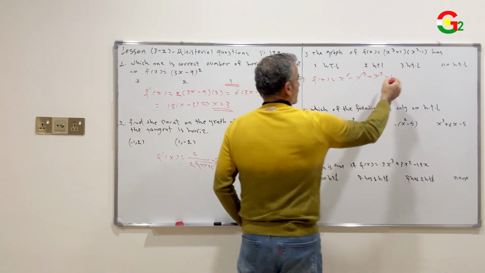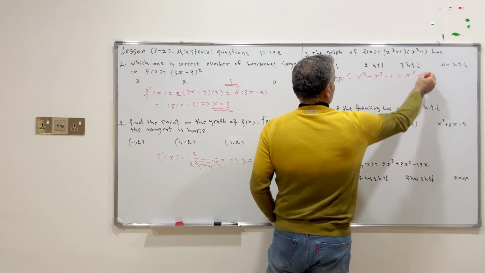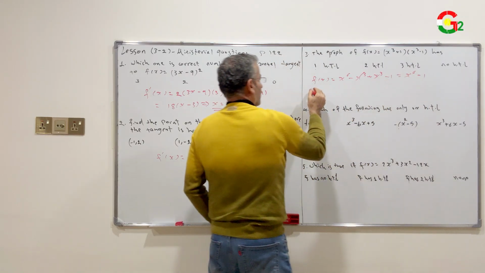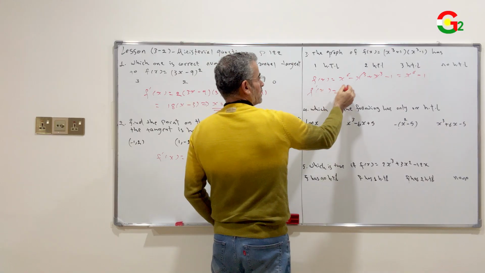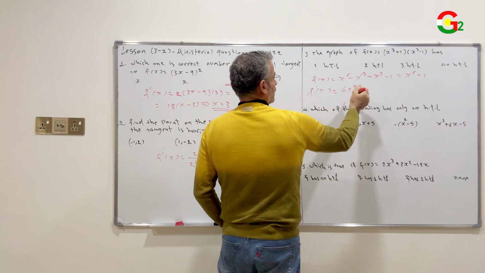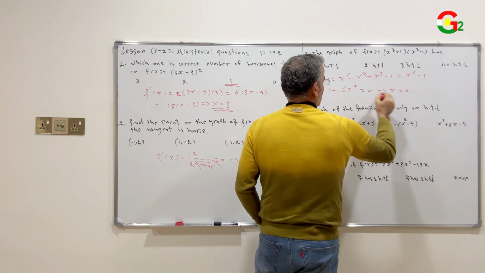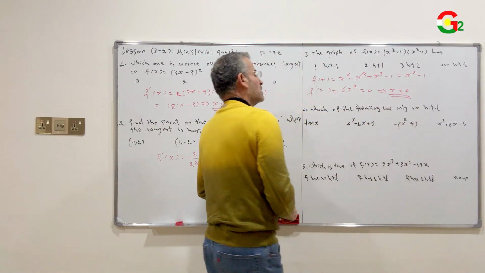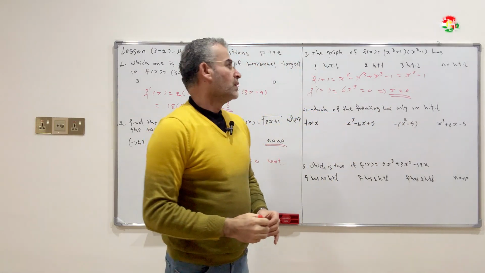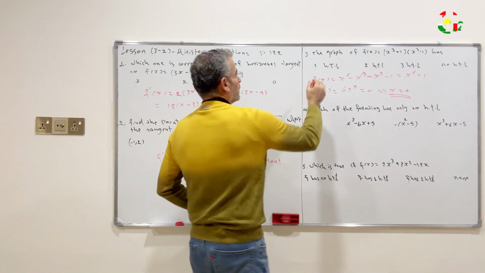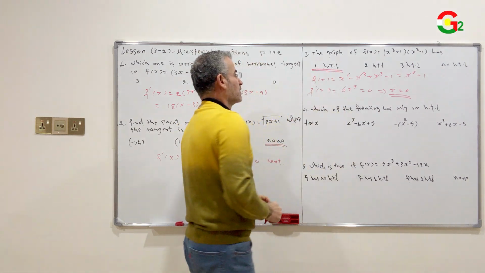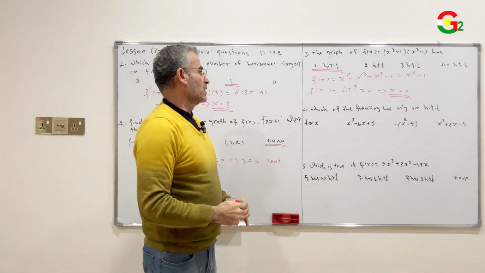The x power 3 terms cancel, so f of x equals x power 6 minus 1. Find the derivative, 6x power 5, set it to 0, therefore x equals 0. It is only 1 point. Therefore, this function has 1 horizontal tangent line.